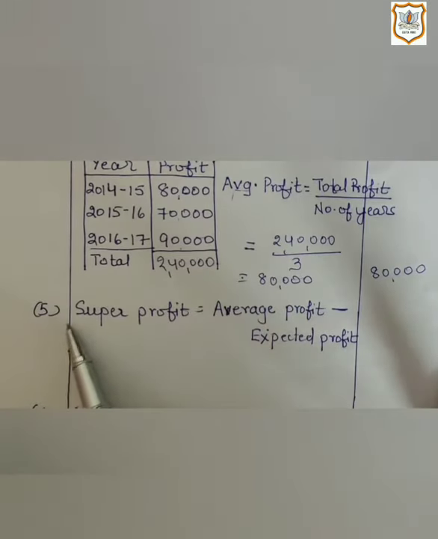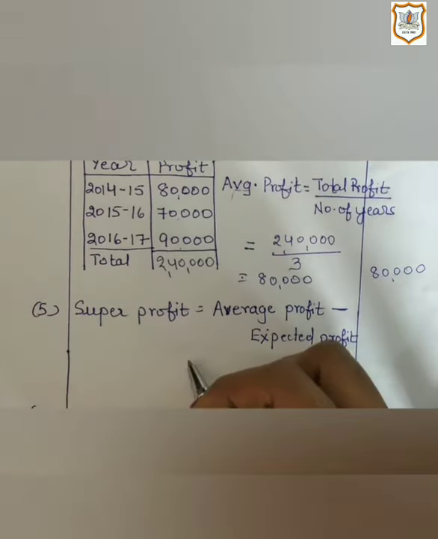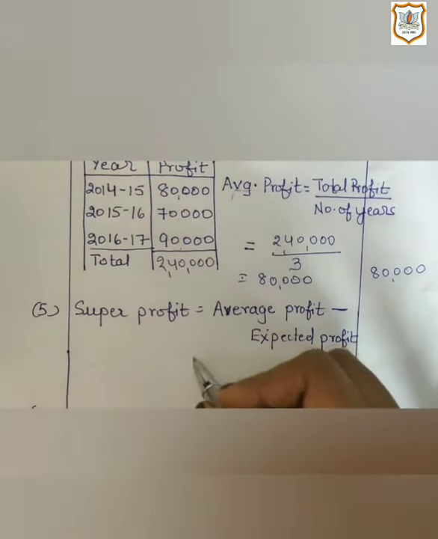Now in the fifth step, we will find out super profit. Super profit is the actual profit which the business makes over the normal profit in the same kind of business. Here is the formula of super profit, which is equal to average profit minus expected profit. So here just substitute the value.